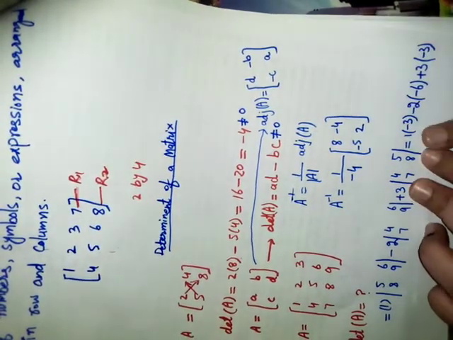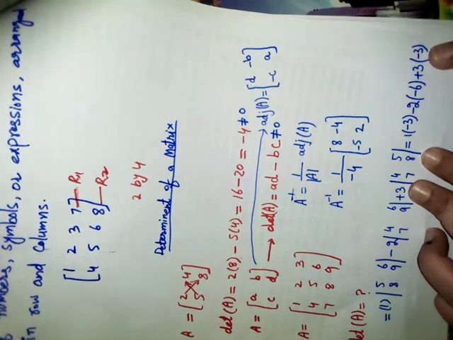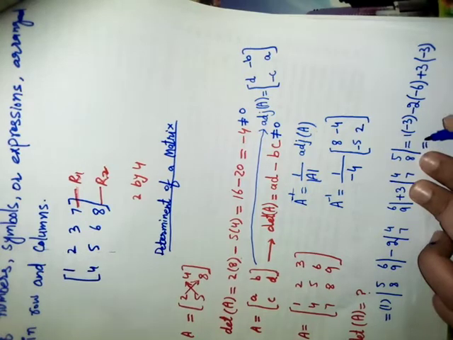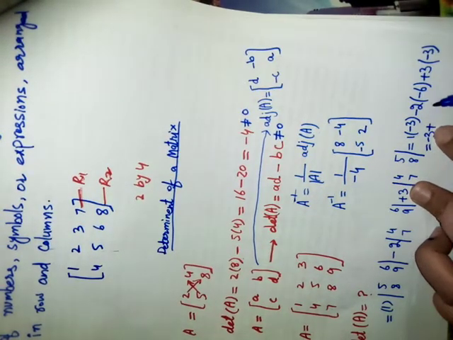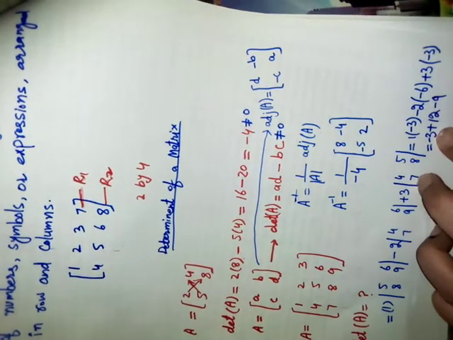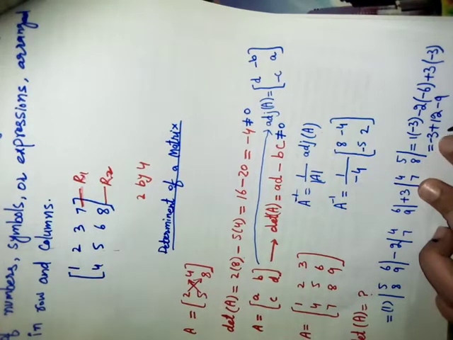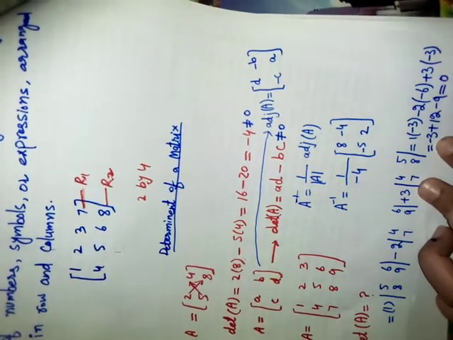Then the answer will be minus 3, minus minus plus, 6 twos are 12, minus 3 plus 12, minus 3 threes are 9. Minus 3 plus 12 minus 9, it will be minus 12 plus 12, the determinant will be 0.